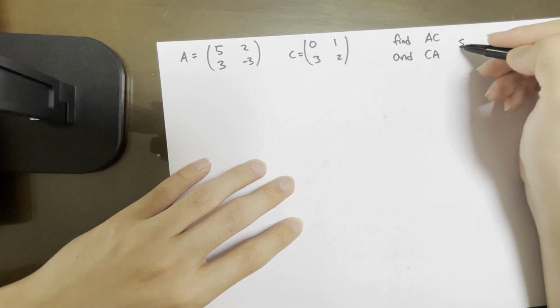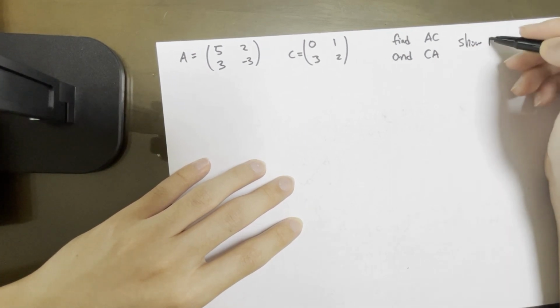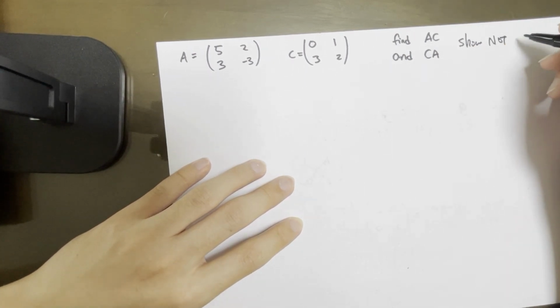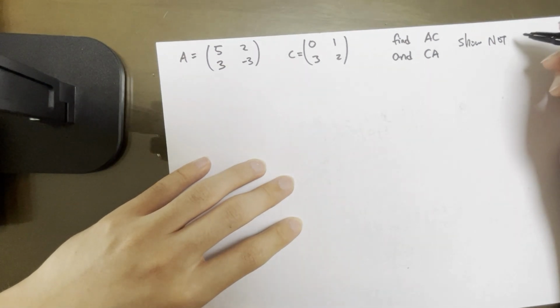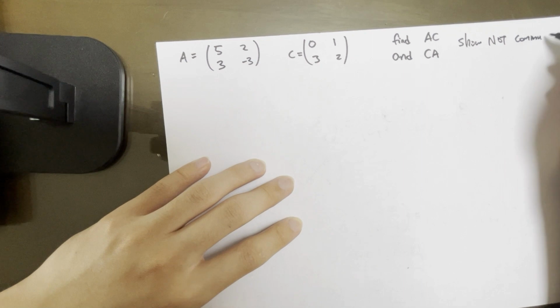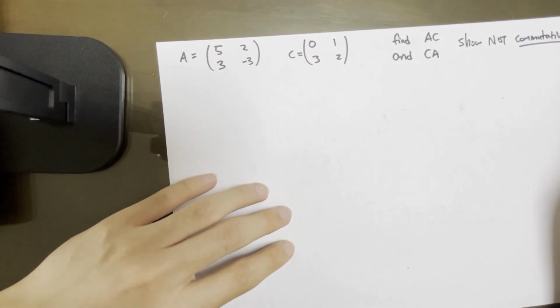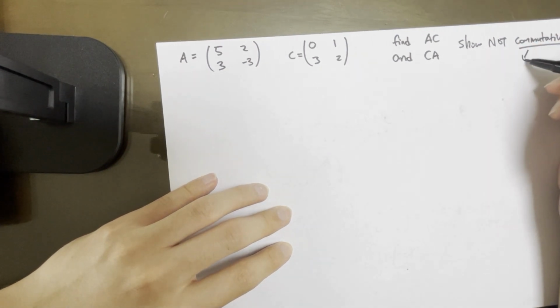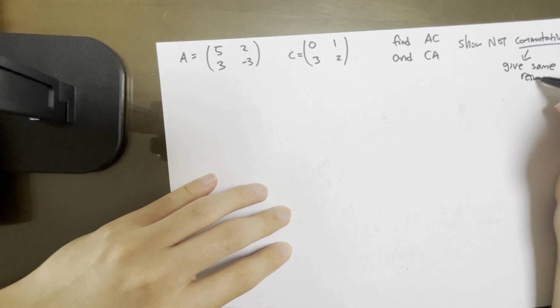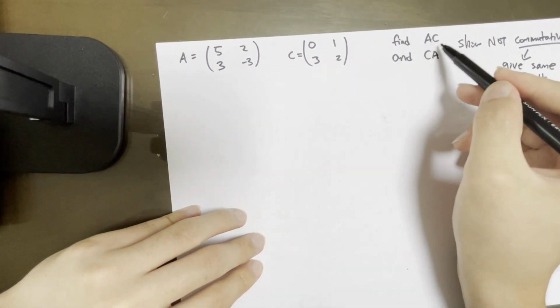Show that it's not cumulative. Sorry, not cumulative, commutative. Now, what does commutative mean? It means giving the same result. So we have to do it in different orders, AC and CA.